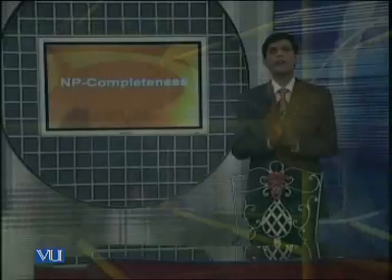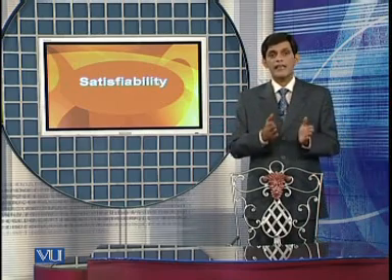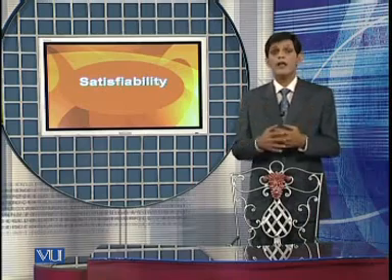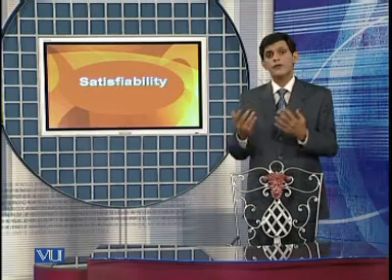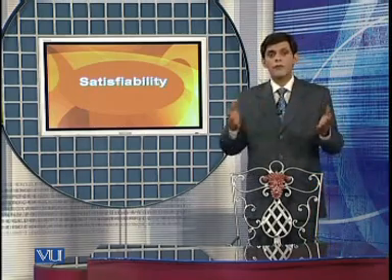Now, let us look at an extremely concrete question. So now we are looking at one concrete problem that we call satisfiability. In satisfiability, what we have is some number of Boolean variables, x1 up to xn. And these Boolean variables can take either the value true or false. Of course, we sometimes denote true with 1 and false with 0. Using these Boolean variables, we can make what we call a Boolean formula.